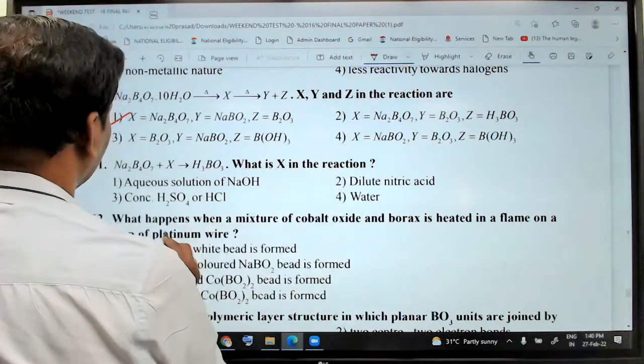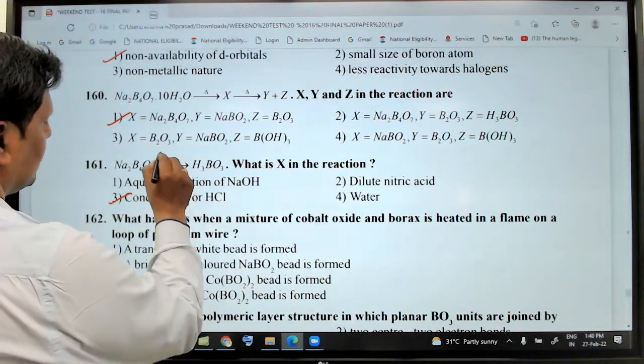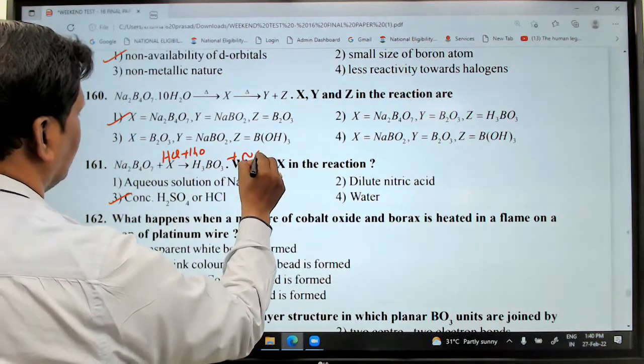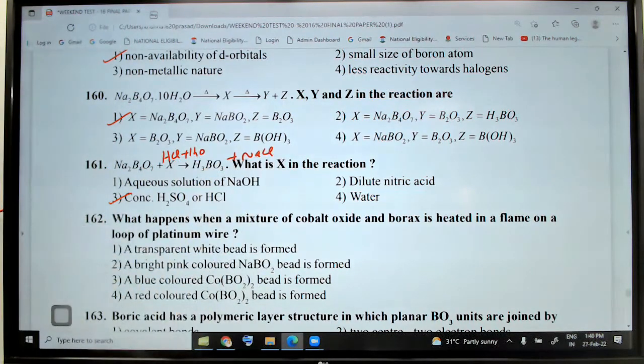This is given in the NCERT book. HCl plus H2O, aqueous. Do you remember this? NaCl plus H3BO3. It is directly in the preparation in the NCERT book.